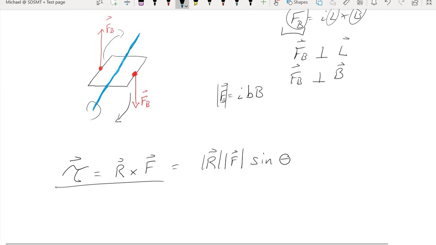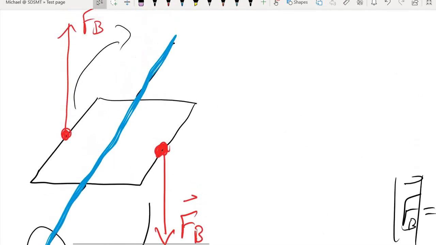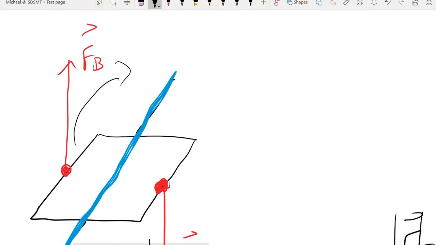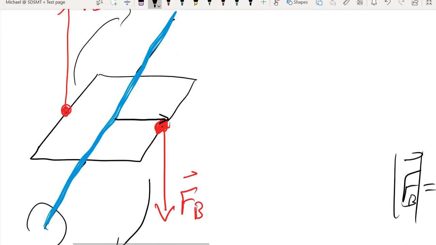So that is the pivot point of this coil. And it is from the pivot point that we have to measure out to the location where our force has been applied. And our force is going to be acting on that length of wire right there.